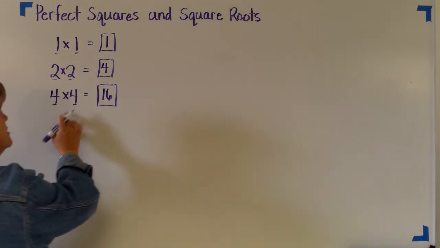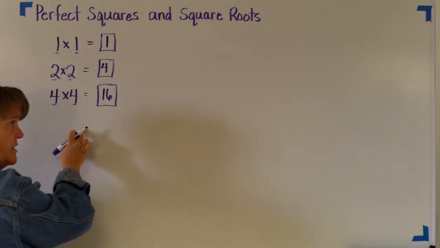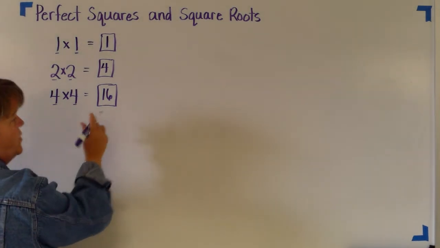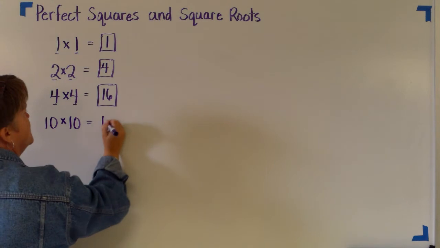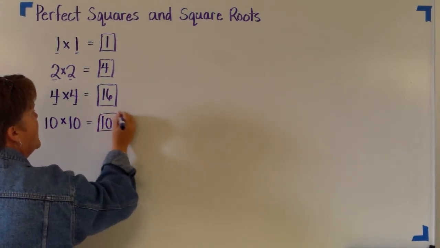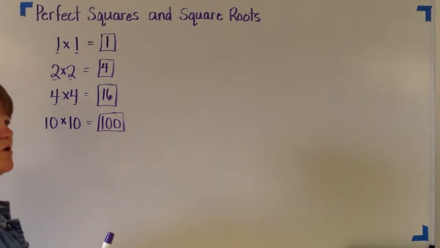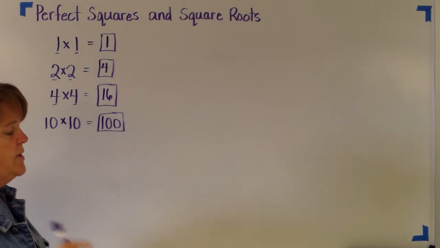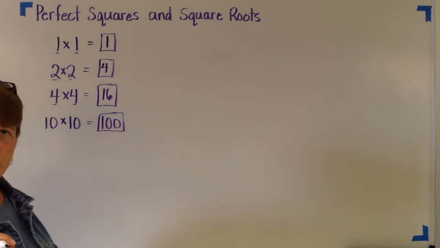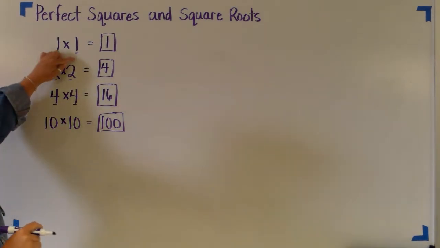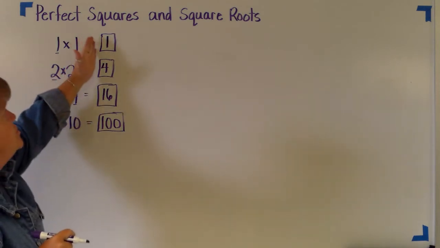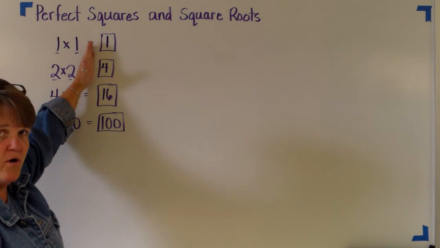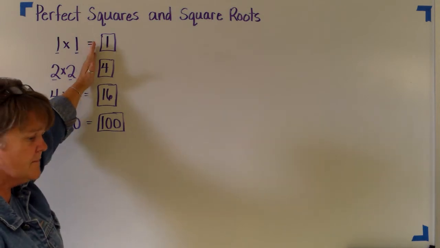Any integer times itself gives you a perfect square. 10 times 10 equals 100. 100 is a perfect square. So anytime you have a multiplication problem where the factors duplicate, then you end up with a perfect square.